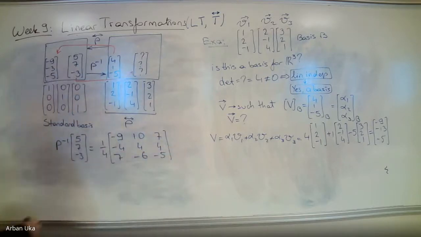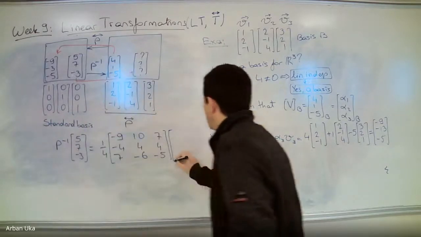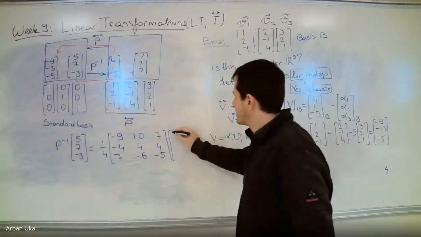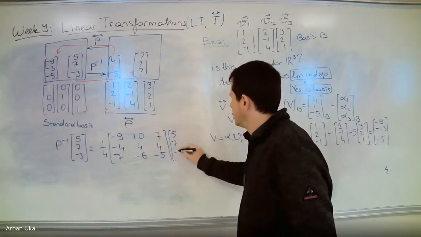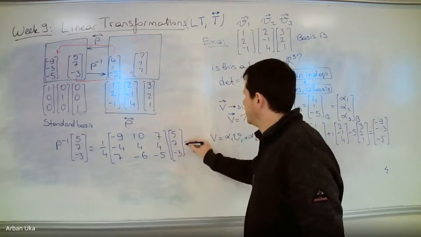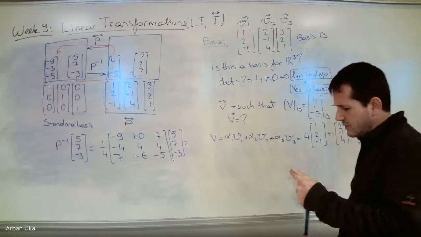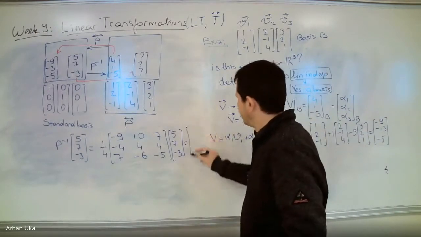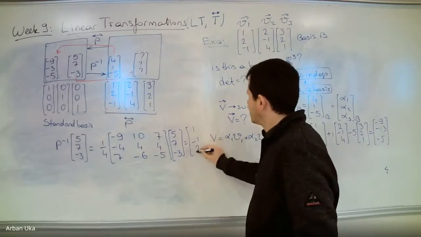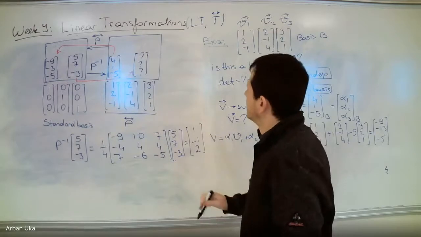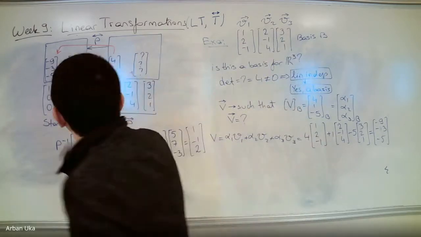Okay, this is the P inverse. We multiply it by the vector in the standard basis, 5, 7, minus 3, and we get the vector which is 1, minus 1, 2.